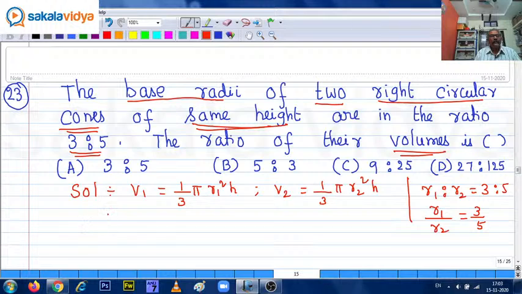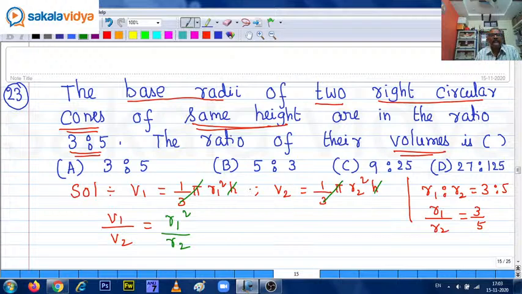So now we need to find out V1 upon V2. So this and this get cancelled. V1 by V2 is equal to R1 square by R2 square. Sorry, square you will be getting, not a cube.